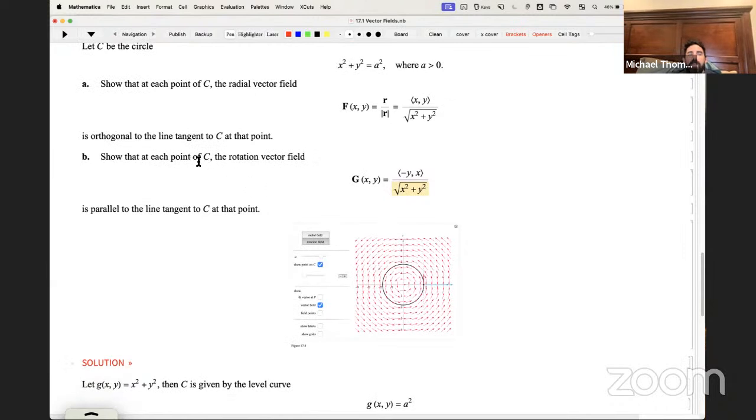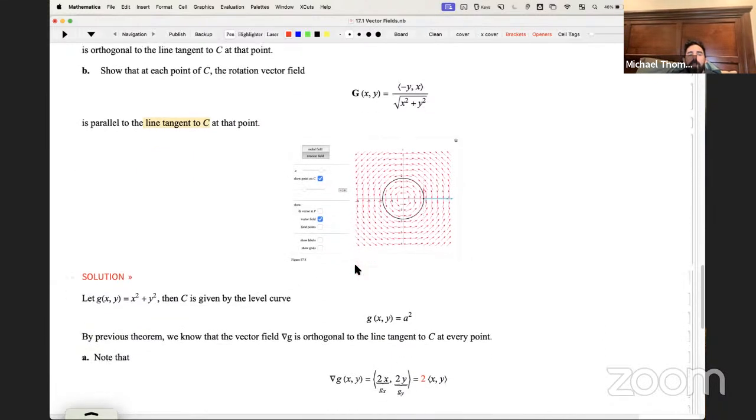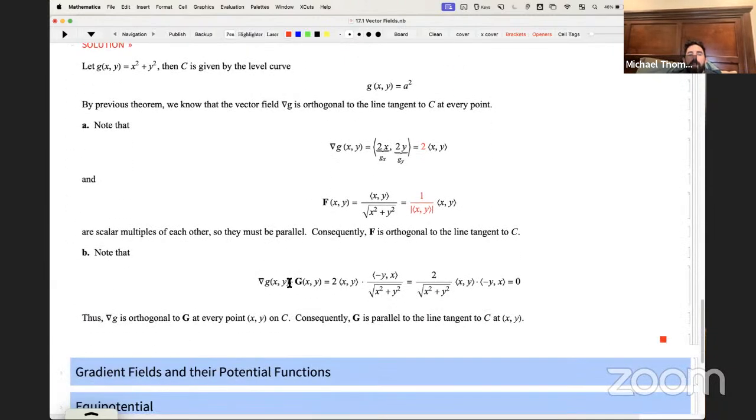And we're going to show that at each point on the same curve C, the vector field is parallel to the line tangent to C. So if we look at a line tangent to C, the vector field seems to always be parallel to the tangent lines. To prove something like this, what we could do is just take the gradient of G, what we found in the first part up here, and dot it with the vector field. If we dot those together, that'll prove that the gradient of G and the vector field are orthogonal, which means the vector field is parallel to the line tangent to C.